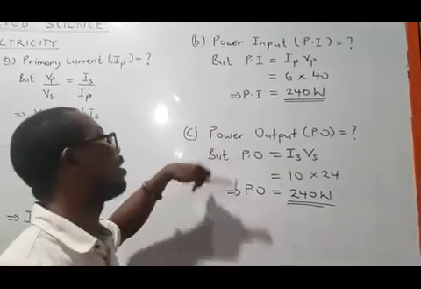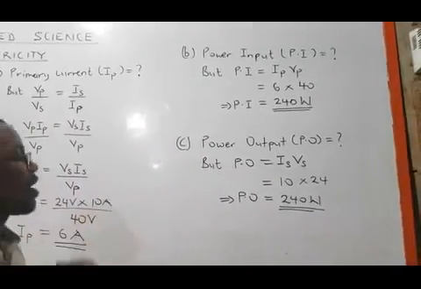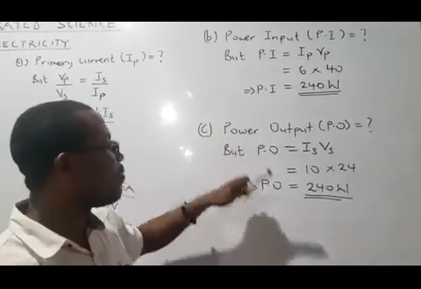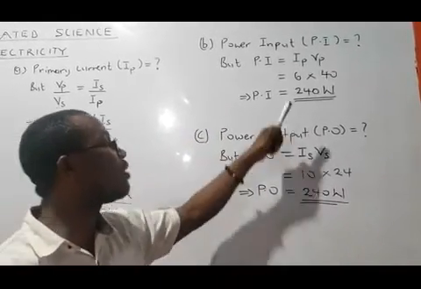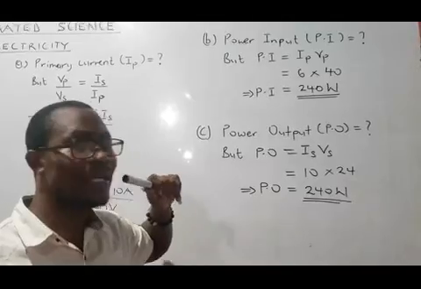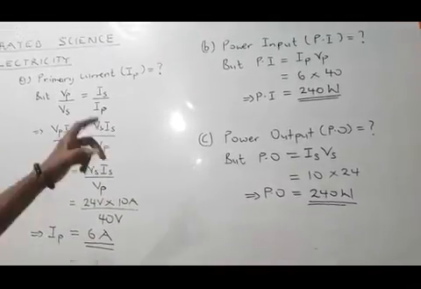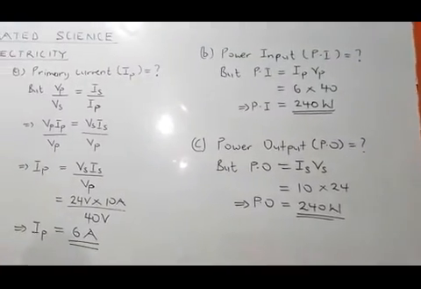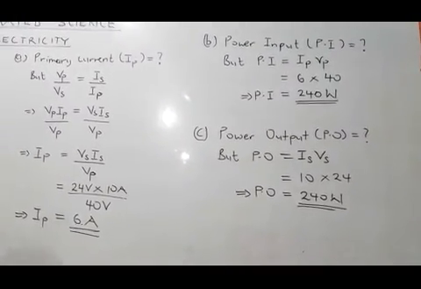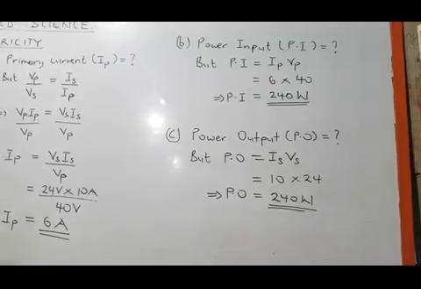What it means is that if you're supposed to calculate the efficiency of this transformer, that is the power output over power input times 100%. It becomes 240 over 240 times 100, which is equal to 100%. It means that for a transformer to be 100% efficient, there was no energy loss in that transformer.